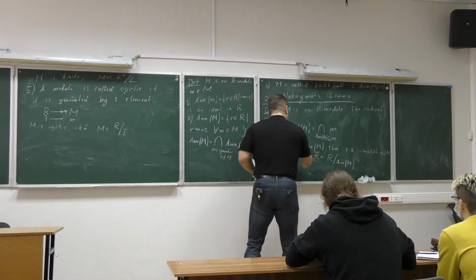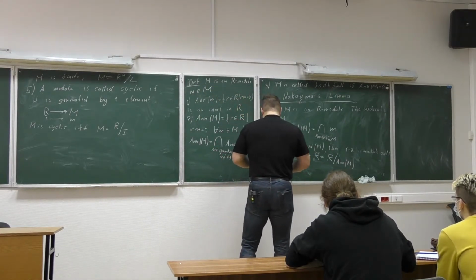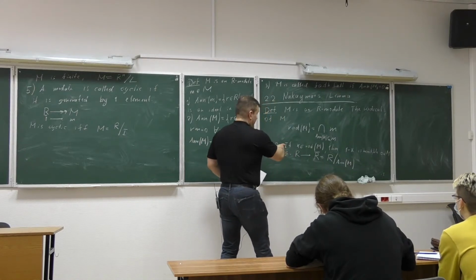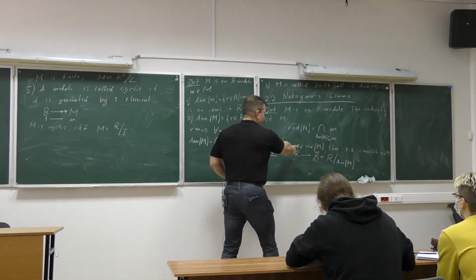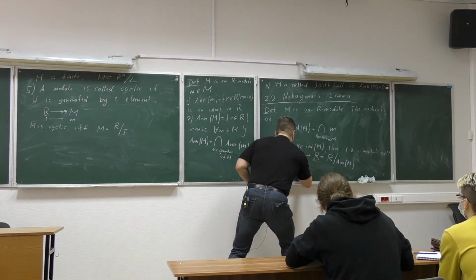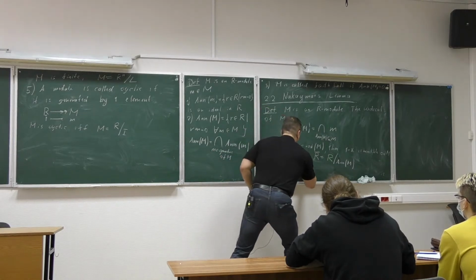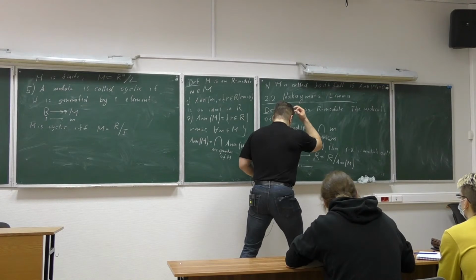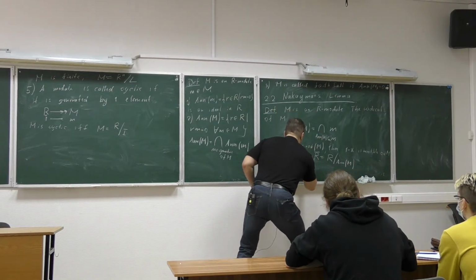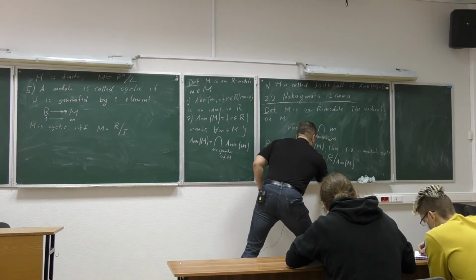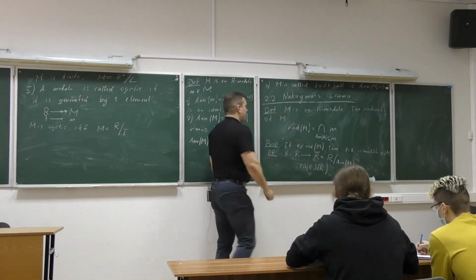Okay, so let's consider this canonical projection. Then by the correspondence theorem and the fact that x is in the radical of M, we can say that pi of x belongs to the Jacobson radical of R bar.